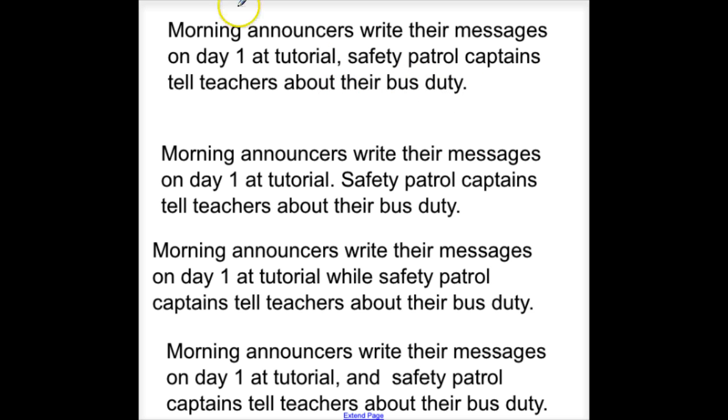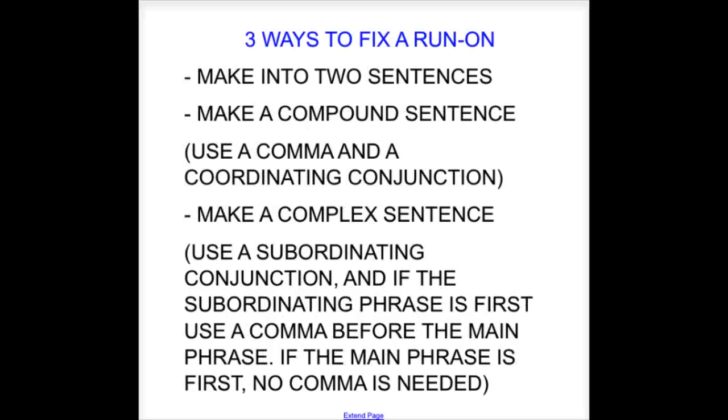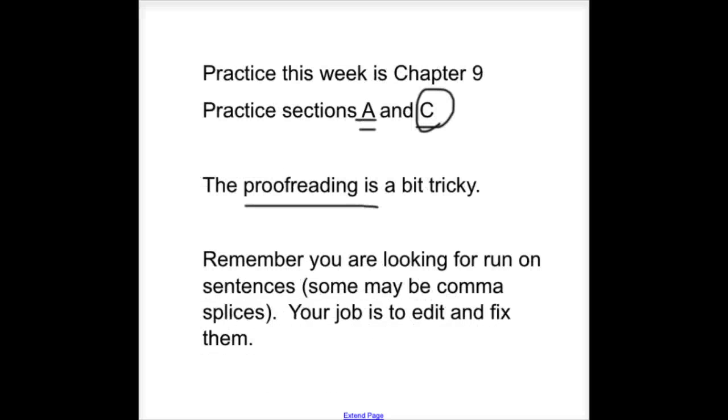This person almost had it right. They knew it was two ideas and they put this comma in there, but that's not enough. You can't combine two sentences with just a comma, okay? You have to combine it with a comma and a coordinating conjunction. So when you just stick a comma in there, it's a special kind of run-on sentence. It's called a comma splice. And you'll be looking for some of those in the homework this week.